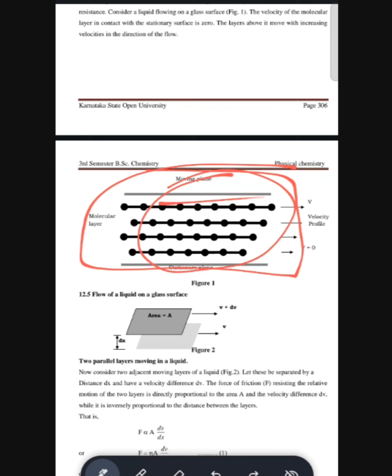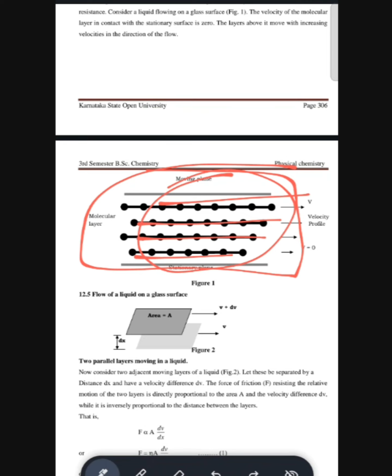A liquid flows when a shearing force is applied to it. Liquid does not move easily; only if some force is applied does the liquid start moving. The force of friction between the layers, however, provides resistance to this flow.